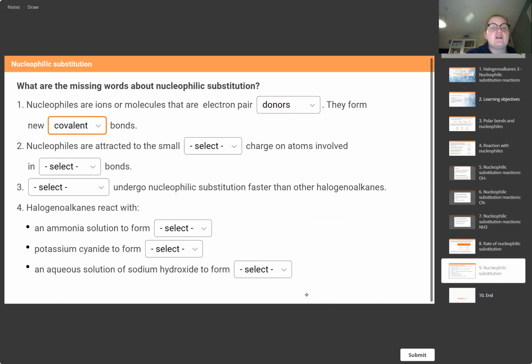Nucleophiles are attracted to the small positive charge on atoms involved in polar bonds. Those nucleophiles have a lone pair, which causes them to have a slightly negative charge. It means they are then attracted to the small positive charge on the atoms.